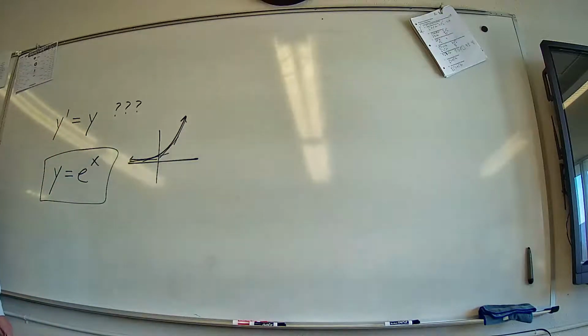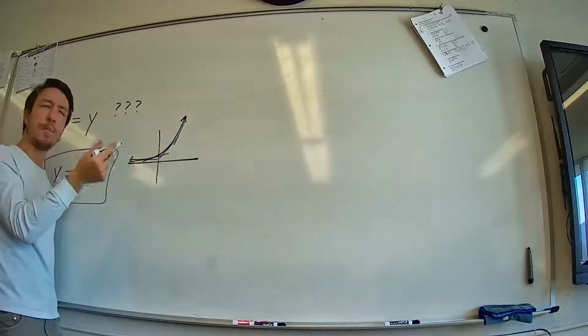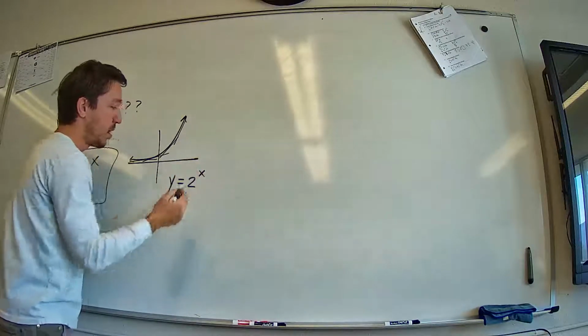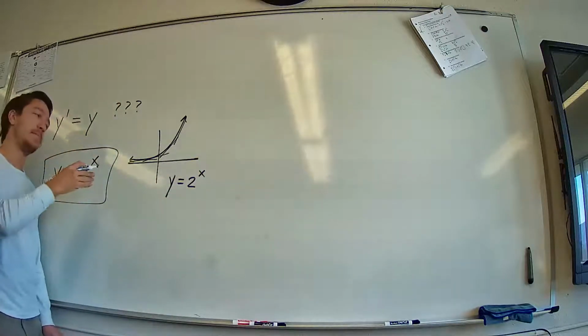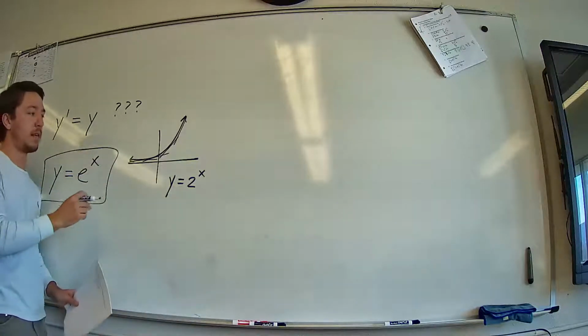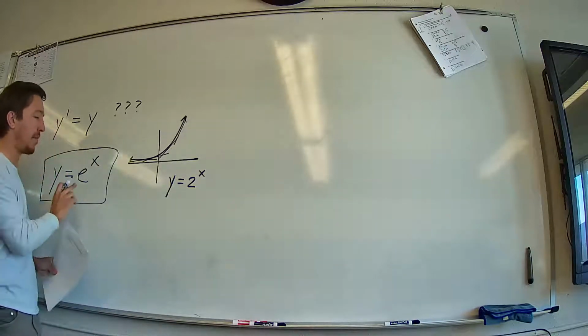Would that be the same for y equals 2 to the x? Not quite. That's a good question. You might start with this shape and wonder, do you think it's y equals 2 to the x? In a higher level calculus or math class, like an analysis class, you can get into the nitty gritty details of how to arrive at this.